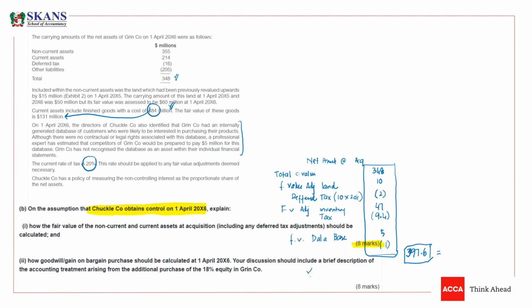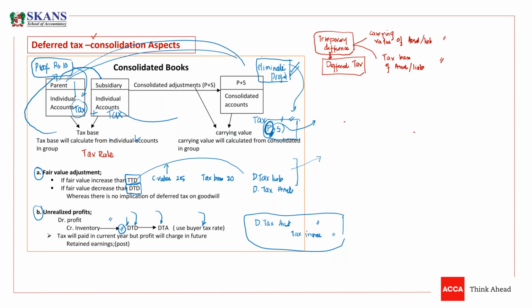For goodwill calculation, you need to understand piecemeal acquisition. Someone asked me, why apply a tax on inventory? Yes, Akash, you are right. Look, if there is any fair value adjustment at acquisition date or after acquisition date, and there is an increase in fair value, it will be a taxable temporary difference.